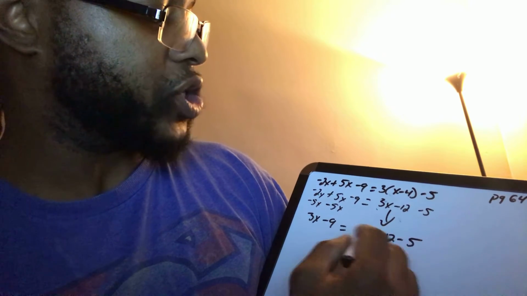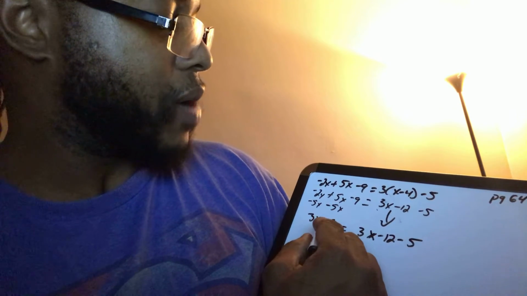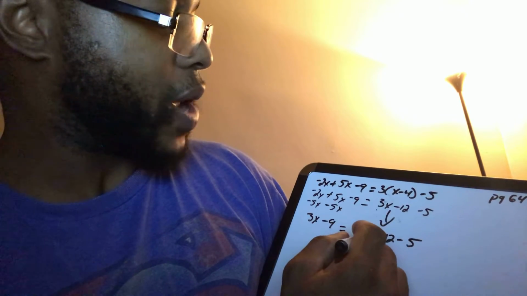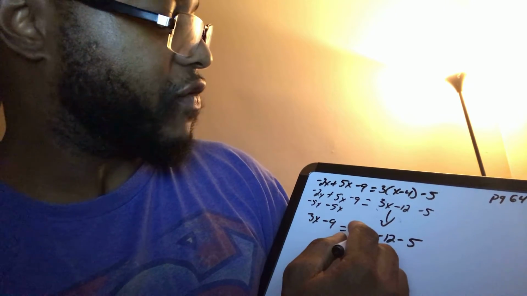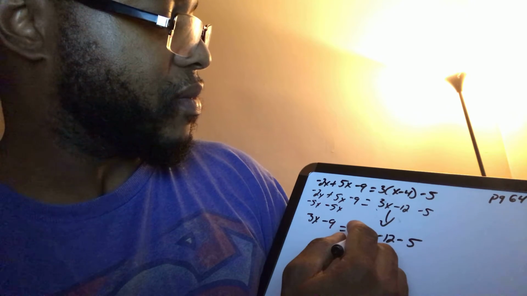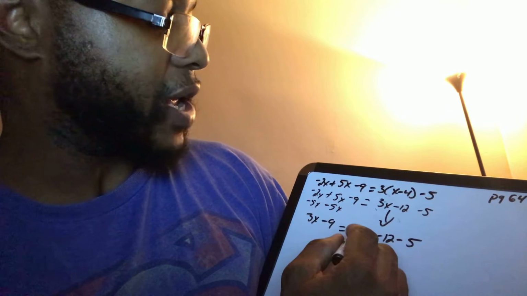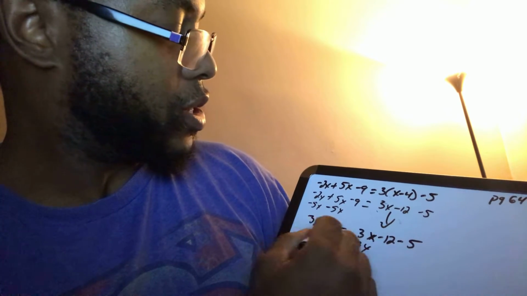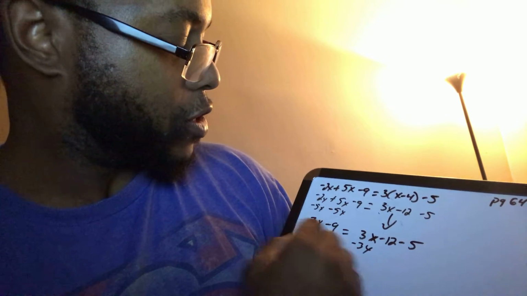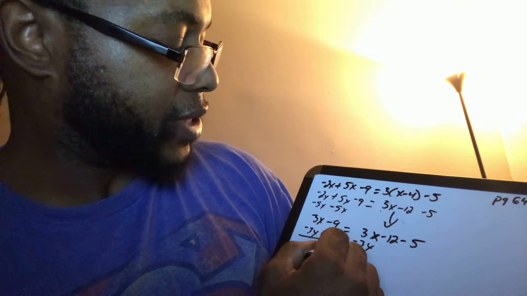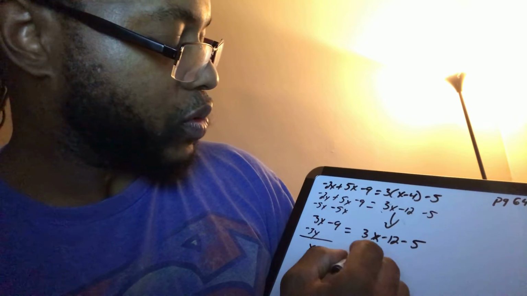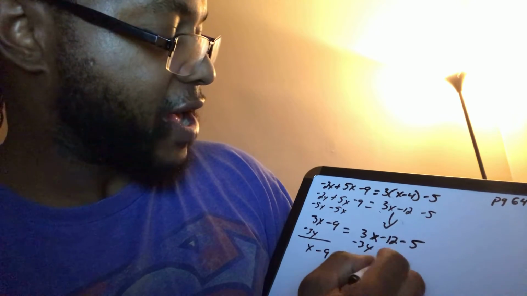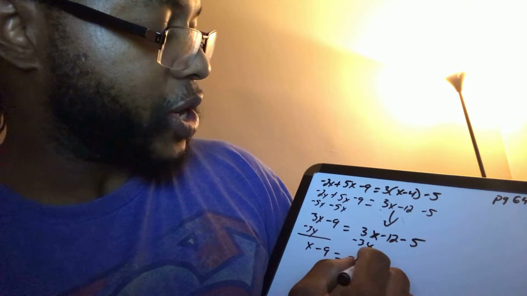The next thing I want to do, we could do this two ways. We could add 9. Well, what I'm going to do is get rid of my 3x here as well. So I'm going to subtract 3x here, subtract 3x here. That's going to make this x minus 9 equals -12 minus 5.